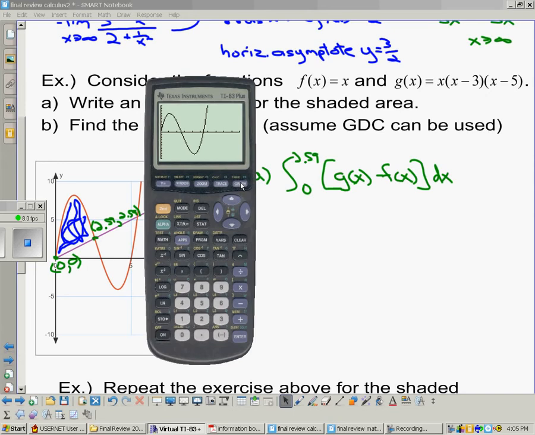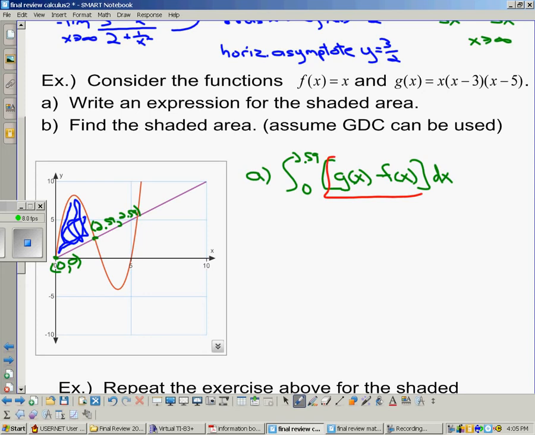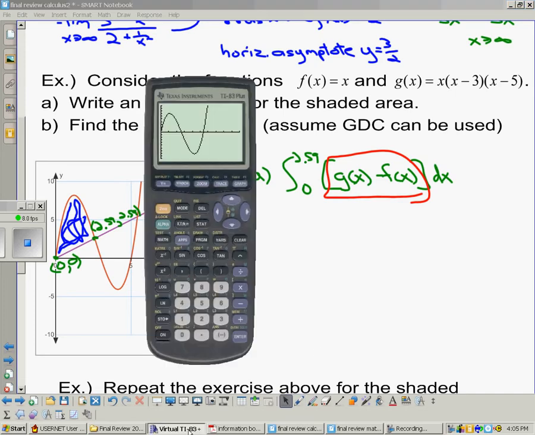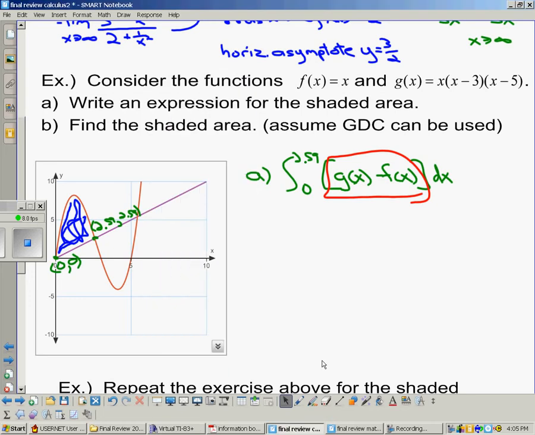But I know that it represents this. Okay. So I can find the integral of that red part between 0 and 2.59. And in my GDC, I'll just go second calc, integral, from 0 to 2.59. Gives me 11.9 units squared.